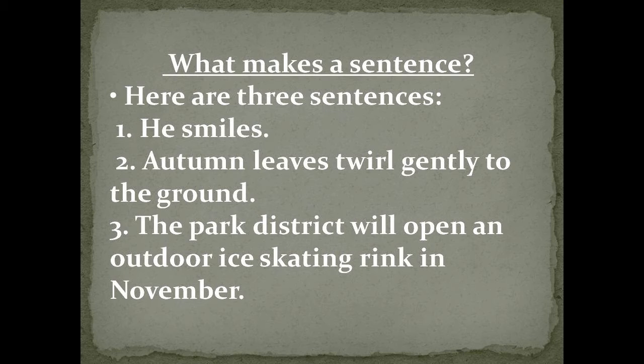Now, what makes a sentence? Over here we have 3 examples. The first one, he smiles. Second, autumn leaves twirl gently to the ground. Third, the park district will open an outdoor ice skating rink in November.